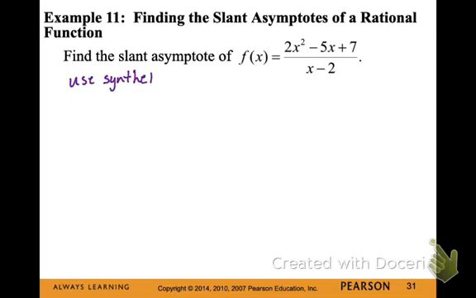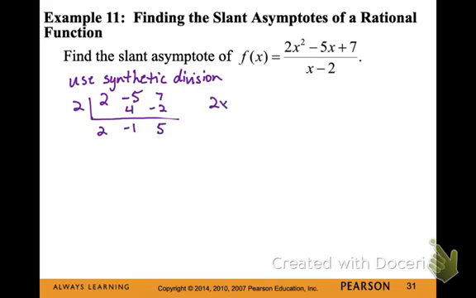So remember, we're going to take our divisor, which is +2, and then pull off the coefficients of our numerator, bring down our numbers, multiply diagonally, and add vertically. And what we're left with is a function that is 1 degree less than the numerator. So if I plug in my variable, it is y equals 2x minus 1 plus my remainder of 5.